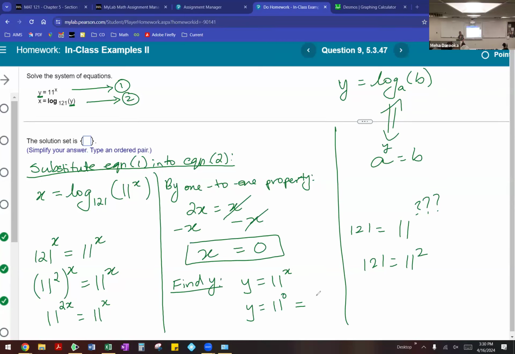Yeah, very nice. So the ordered pair then ends up becoming (0, 1).